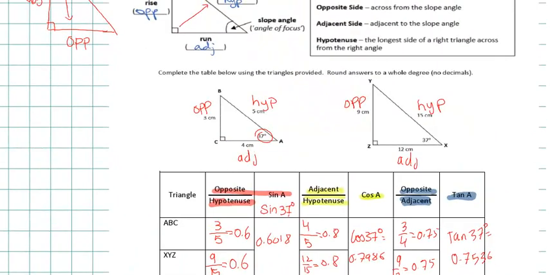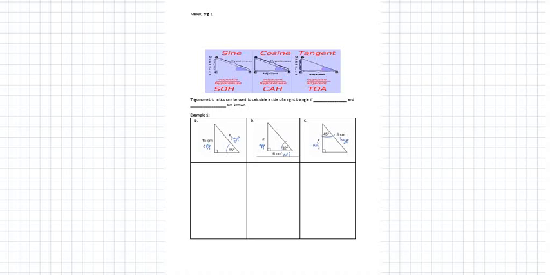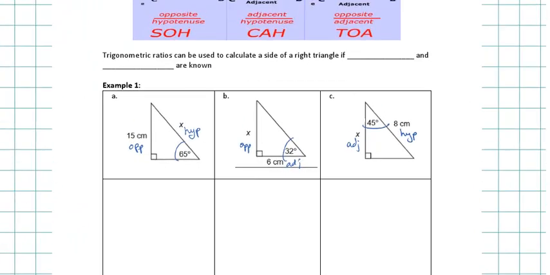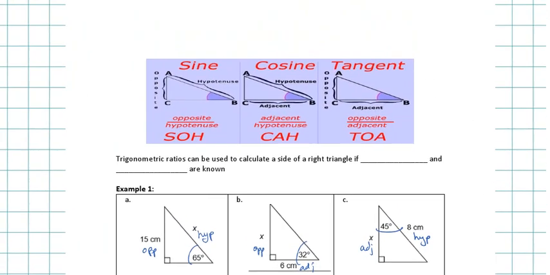So this brings us to the formulas. The formula says that sine of angle A is opposite over hypotenuse. Cosine of angle A is adjacent over hypotenuse, or otherwise simplified as CAH. Tangent is opposite over adjacent.